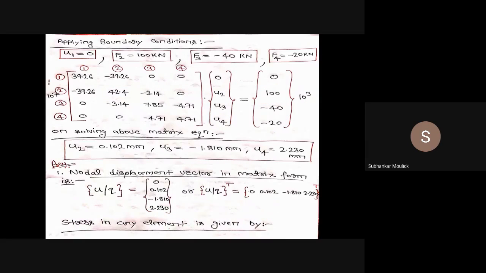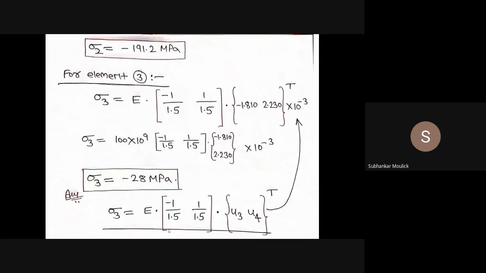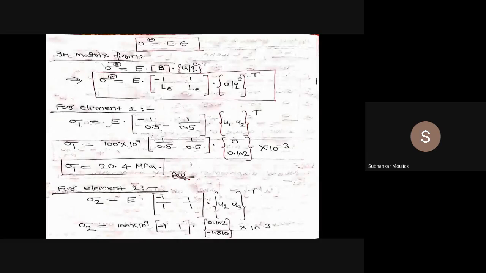So now we can find out the value of stress present in each element. If I talk about element number 1, this is my equation for finding the stress in FEM, that is sigma of element. Which element? First element. So sigma 1 is equal to E into the strain displacement matrix, minus 1 upon LE, 1 upon LE.